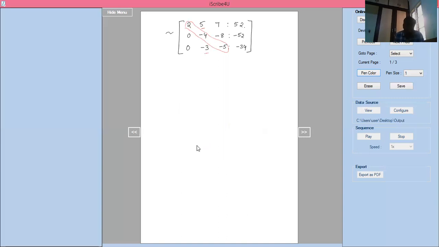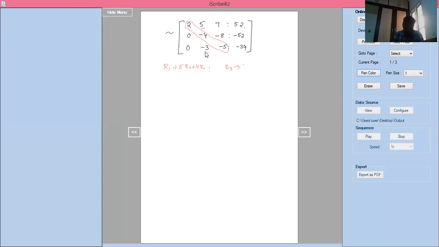In the R1 row I have to make 0, and in the R3 row also I have to make 0. R1 I can write as 5R2 plus 4R1. R3 is similar: here 5R2 because 5 is there, here 4 is there. Then here also, 4 is there, here 3 is there.